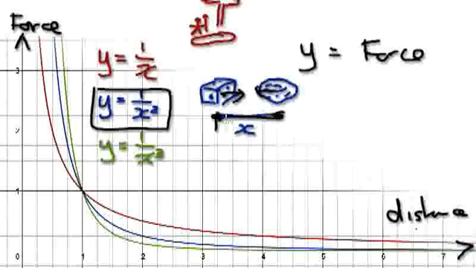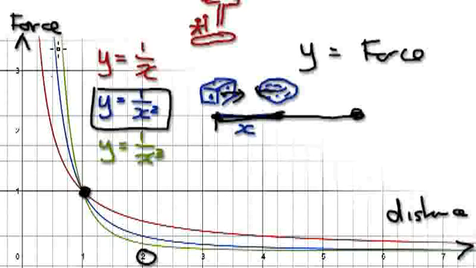Now, let's just say at distance 1, whatever 1 is, 1 meter, whatever, the force is, let's say, 1 whatever. Now if you double the distance, the force here, remember, you've got to look at the blue line, because we are looking at one thing that is inversely proportional to the square of another thing.